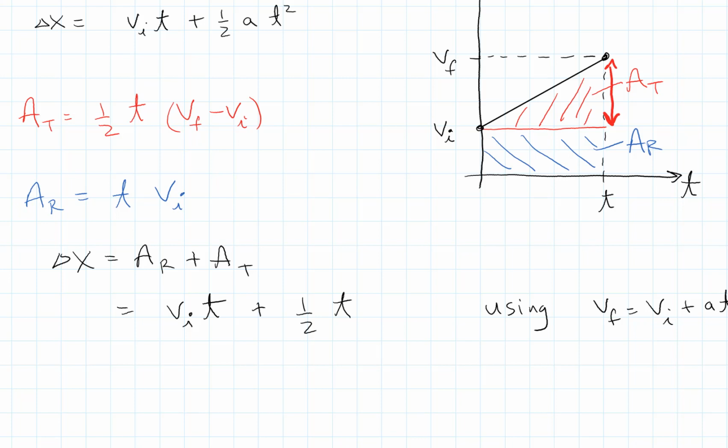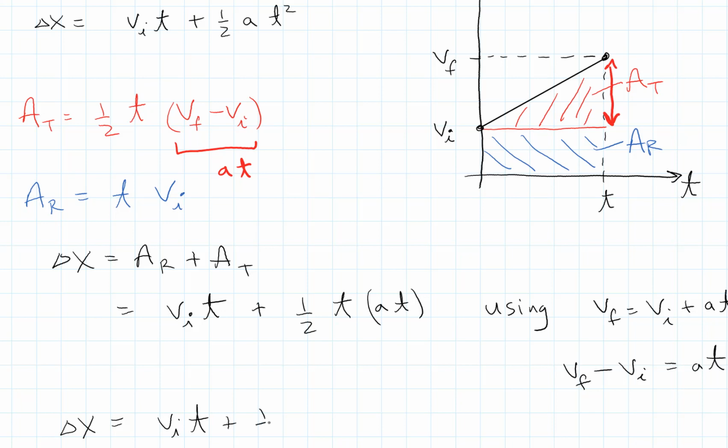That means if I move v initial to the other side, v final minus v initial is just at. So instead of v final minus v initial, I'm going to substitute in at. And that is equation 3.